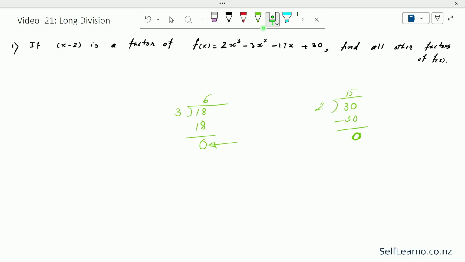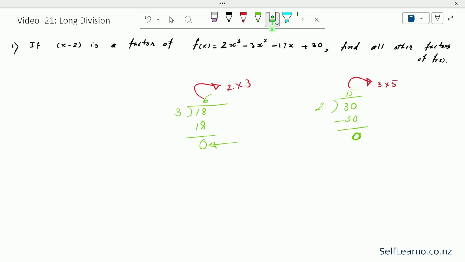In this scenario, these 3 and 6 are the factors of 18. In this case, 15 and 2 are the factors of 30. And if I factorize 15, that is 3 times 5. So these 3, 5 and 2 are the factors of 30. If I factorize 6 as 2 times 3, then 3, 2 and 3 are the factors of 18.